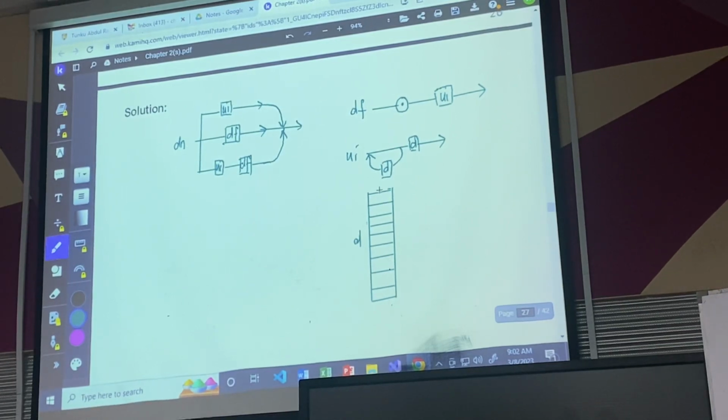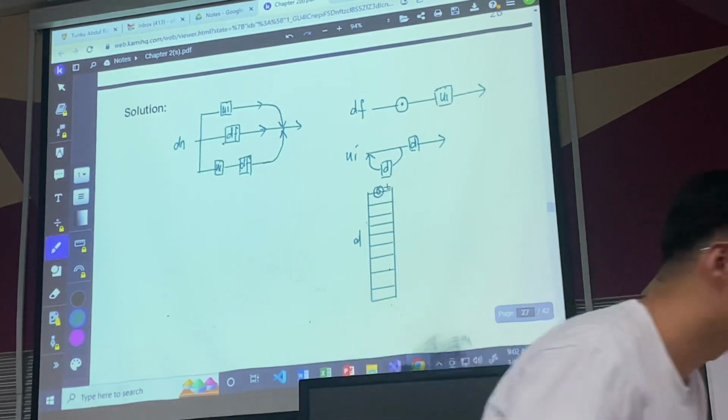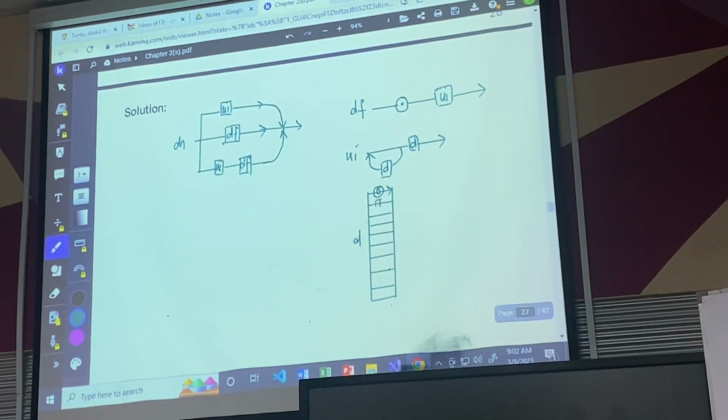Each of them, you can draw it with the number.